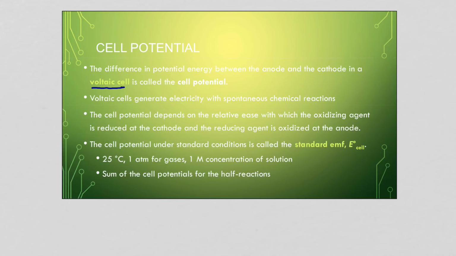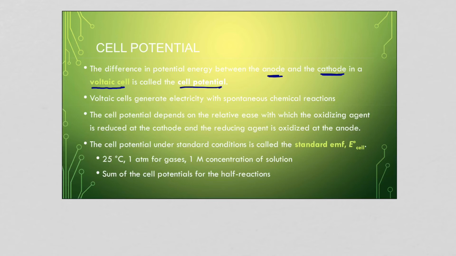So the difference in potential energy between what is called the anode and the cathode, and we'll define those terms a little later, in a voltaic cell is what we call the cell potential. So this is going to be the potential difference between the reactants and the products in our balanced redox reaction. So this is called the cell potential.